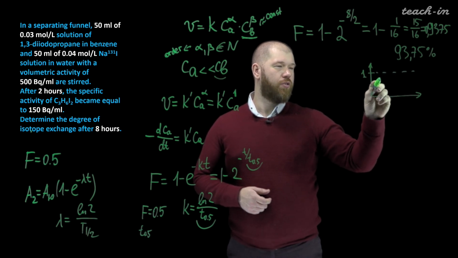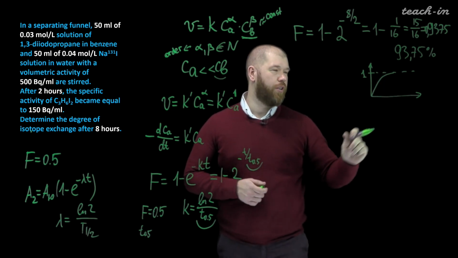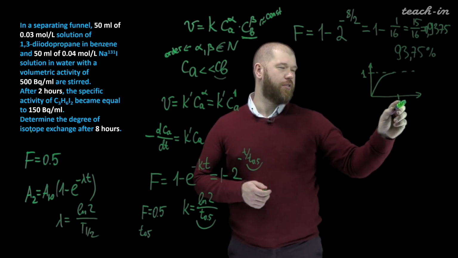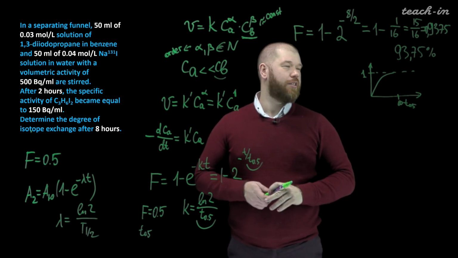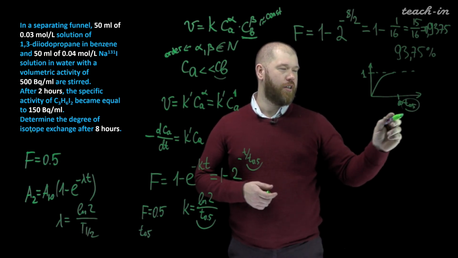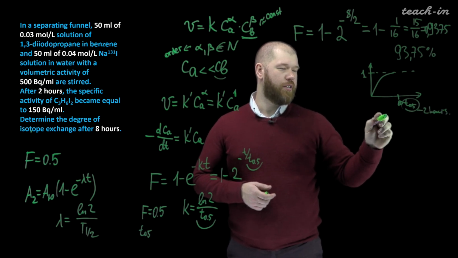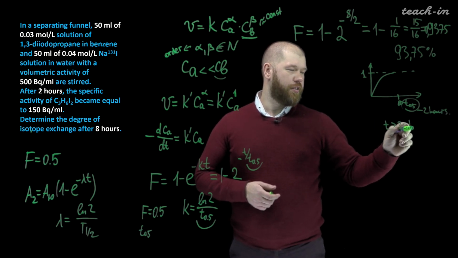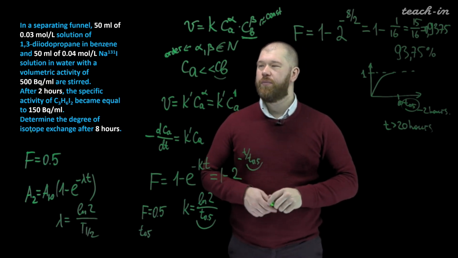We can reach the equilibrium, more or less, after 10 periods, not half-lives, but 10 periods of the half of the isotope exchange. So in this case, as this time is equal to 2 hours, we can say that after 20 hours we will reach the equilibrium for isotope exchange.